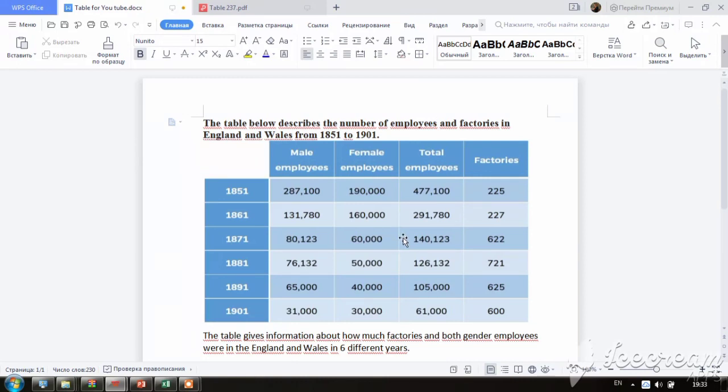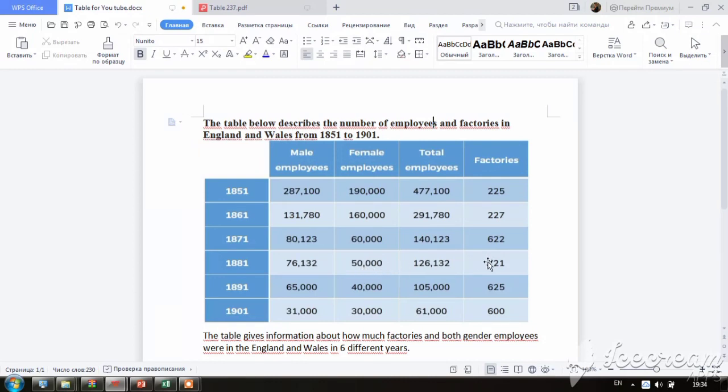So let's do the second paragraph. In the second paragraph, we should illustrate other information: you can see that all numbers are lower after 1871. All numbers dropped.